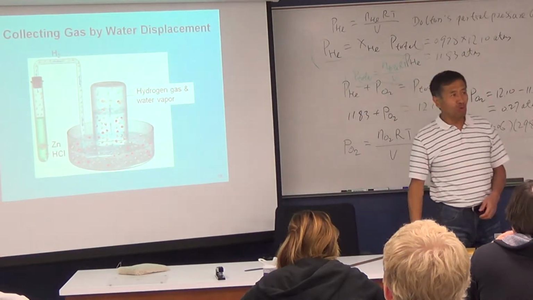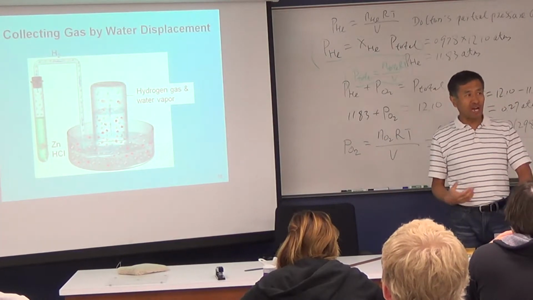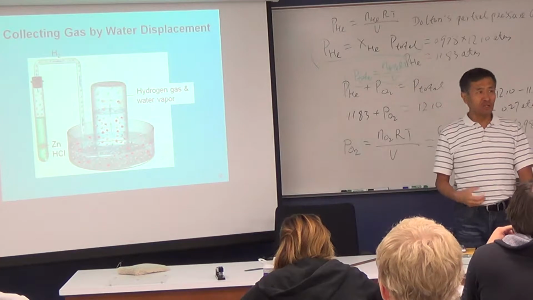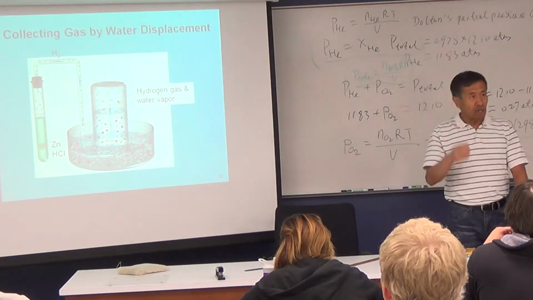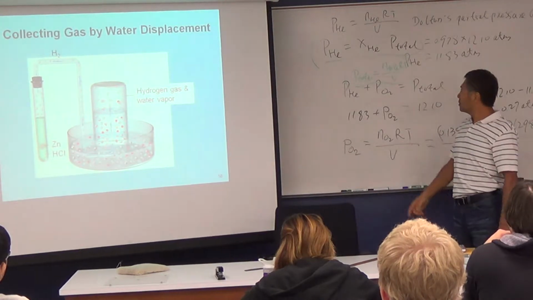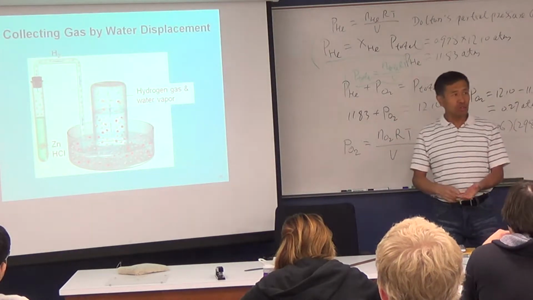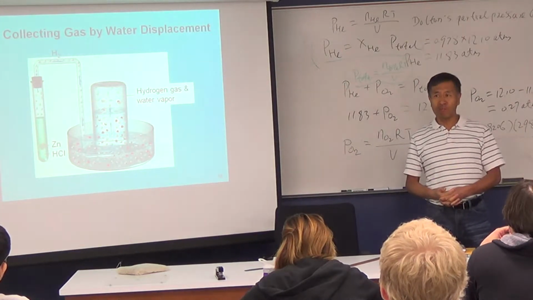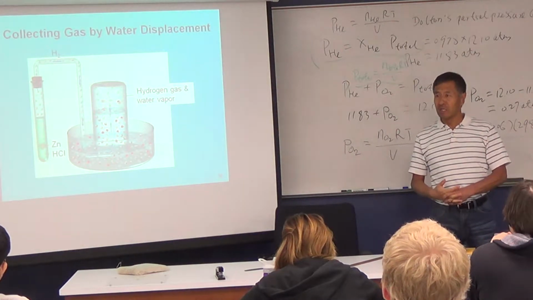That's good. You can measure how much volume you collected and what the temperature of the gas is. And then you can use the gas law, like the ideal gas law, to calculate the moles. But in the ideal gas law, you need to know the temperature, volume, and pressure to get the moles of a particular gas.